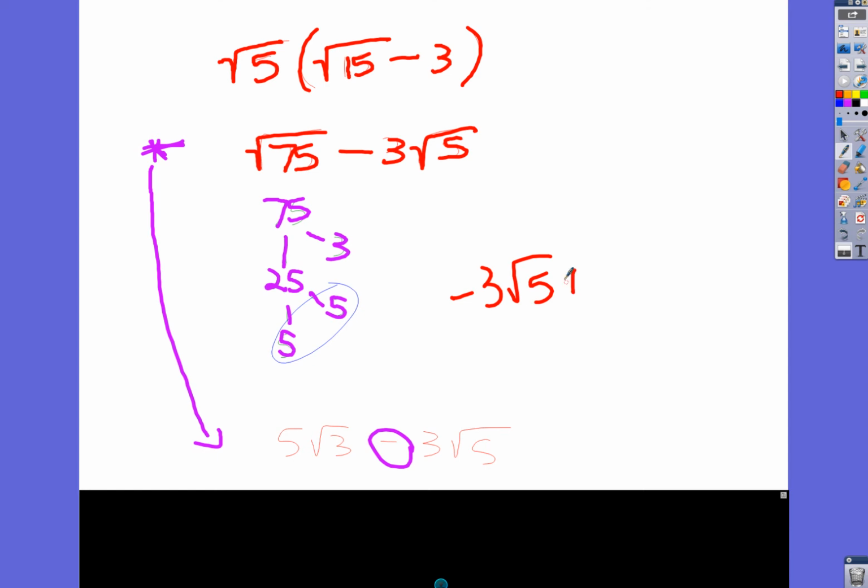The 5 square root of 3, that's the positive. There's no reason to do that, but if you want to be picky, that's right. Flipping just these two and leaving the minus in the middle like that would be wrong. Any questions there?